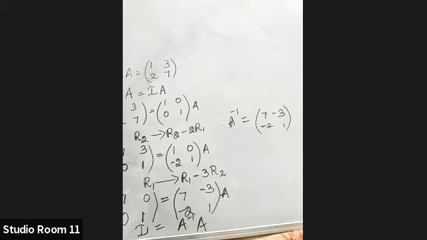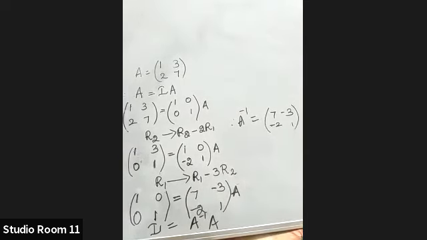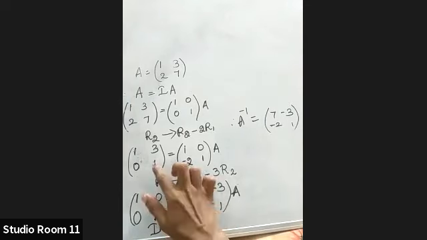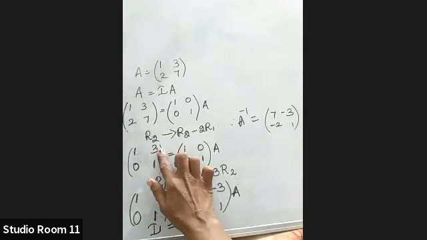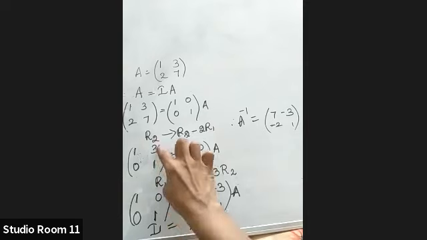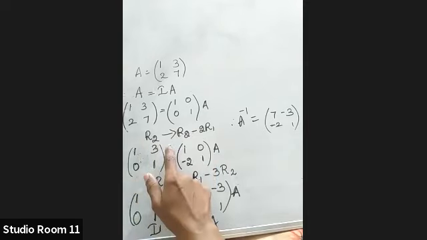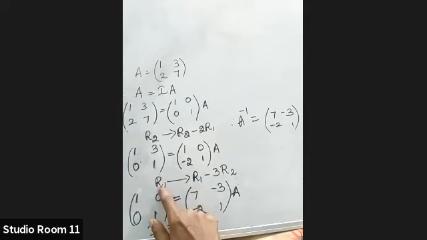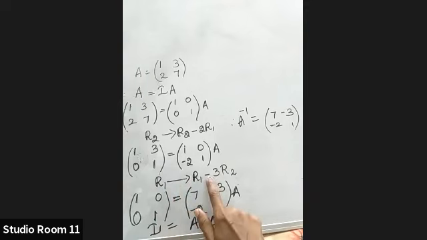Look at here. Here it is 1. Here it should be made 0. Here we want 0. Means what we can do, second row you multiply by 3 and add with first row. Change is happening in the first row. Transformation is to be done in first row. So first row is getting transformed. How it gets transformed? First row gets first row minus 3 into R2.